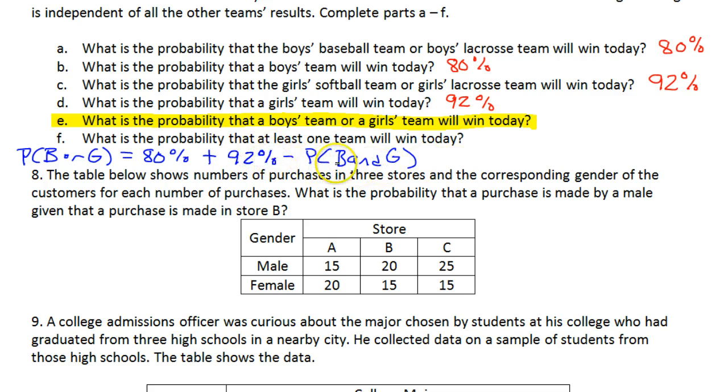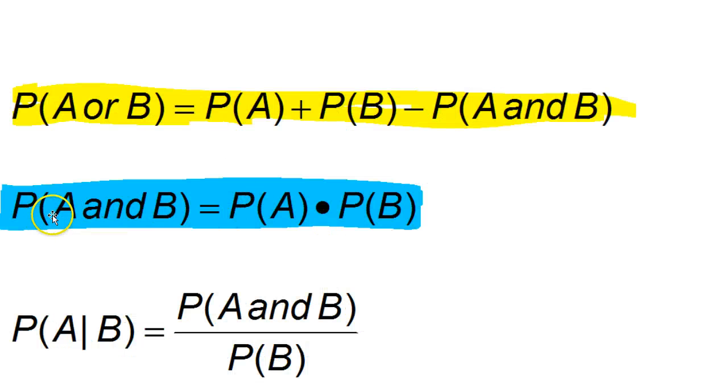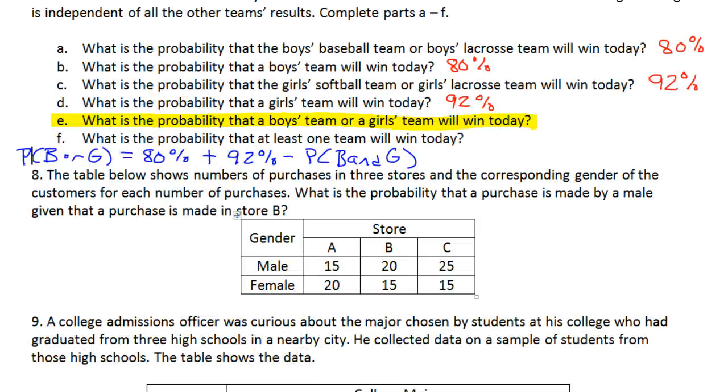Now, what do we do to find the probability that boys and girls will win? Well, we use this other formula, probability of A and B, you multiply. So this probability is going to be 80% times 92%.